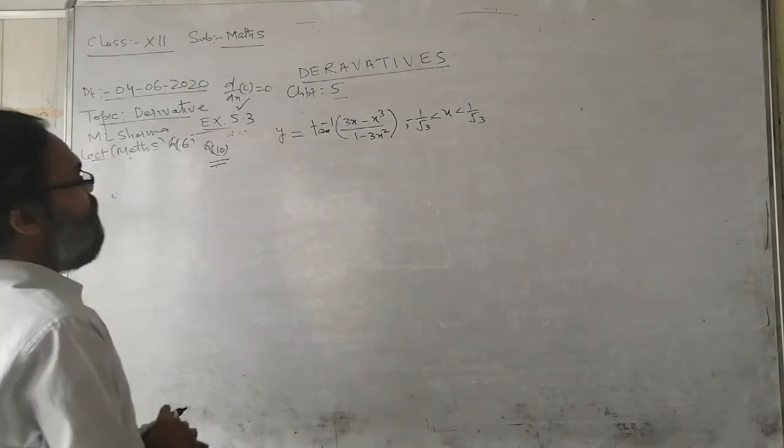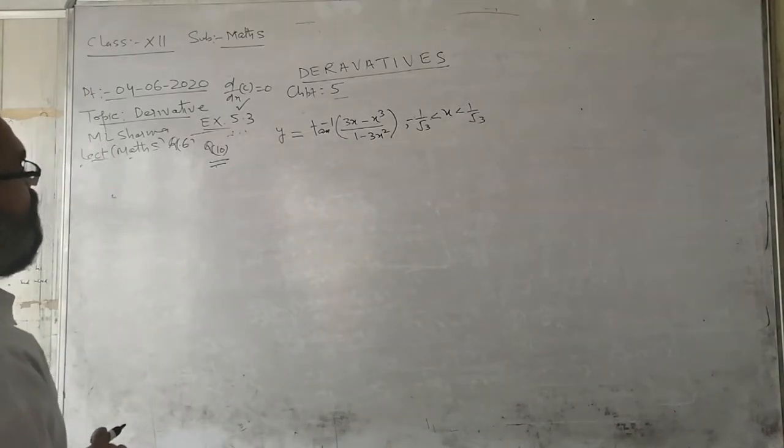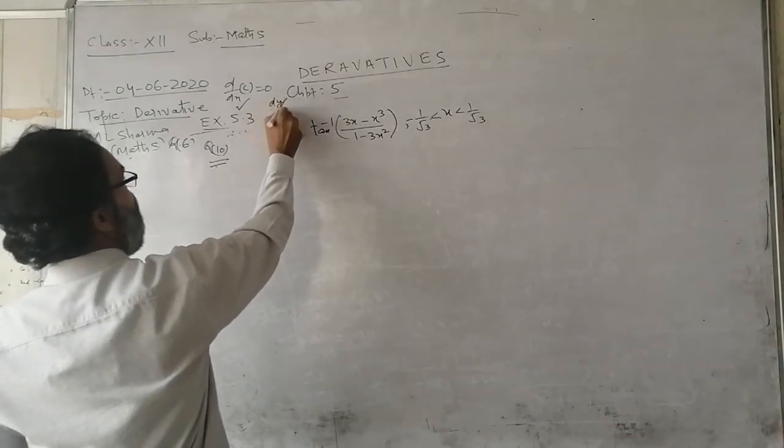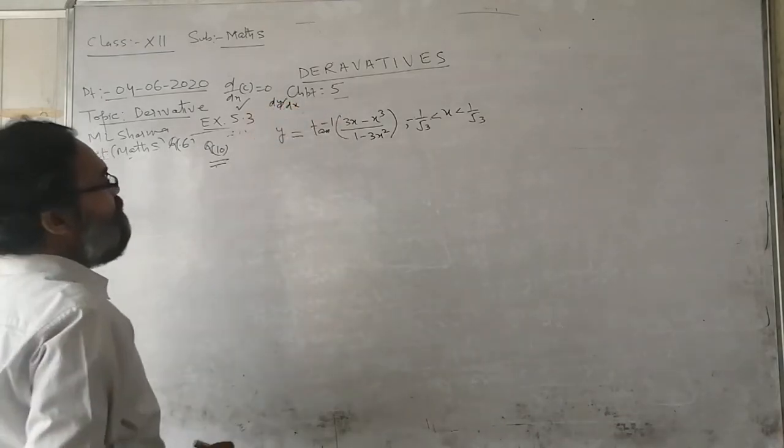So from this trigonometric function, I have to find the value of dy upon dx.